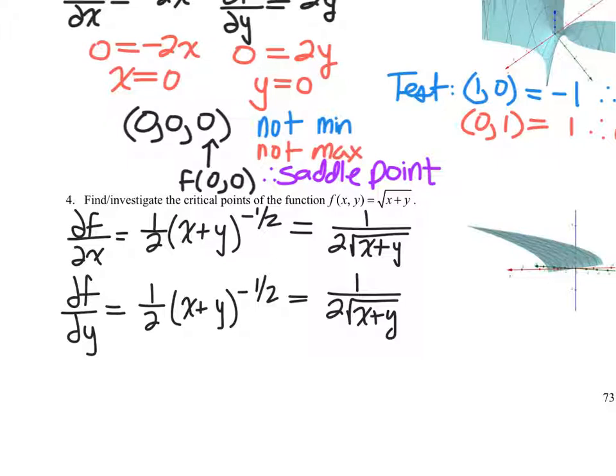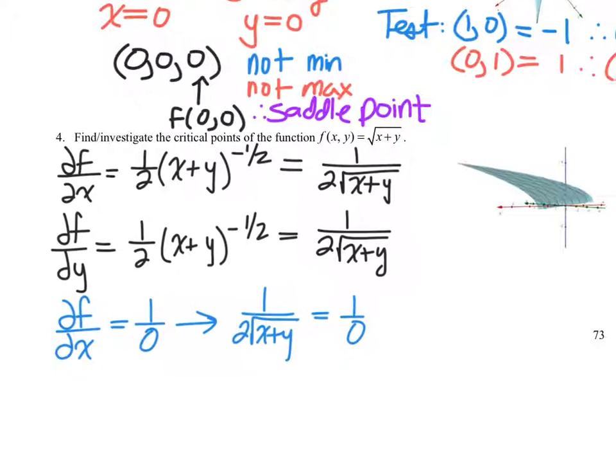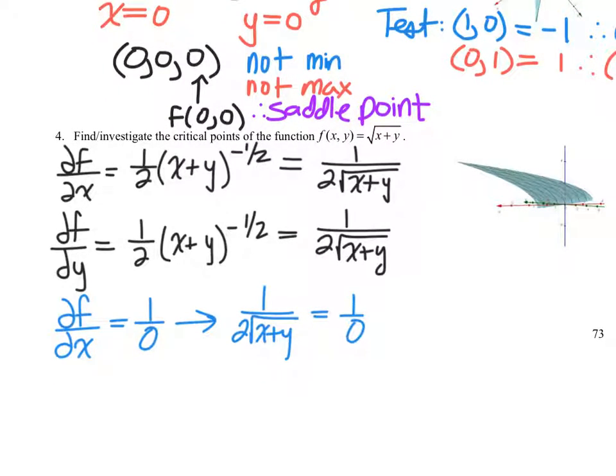So what I would do is take my first order partial and set the denominator equal to 0, which is the same as saying 2 root(x plus y) is equal to 0.